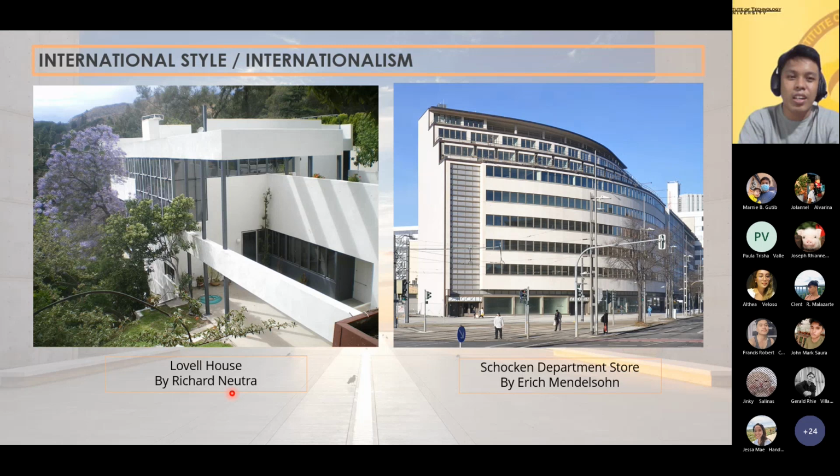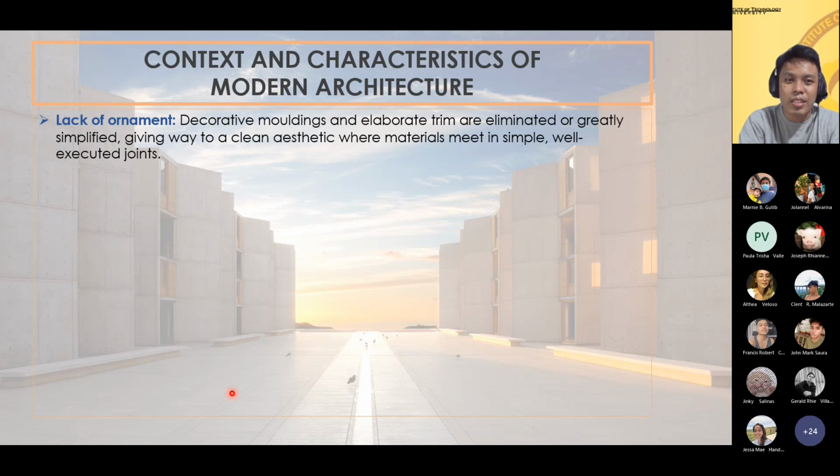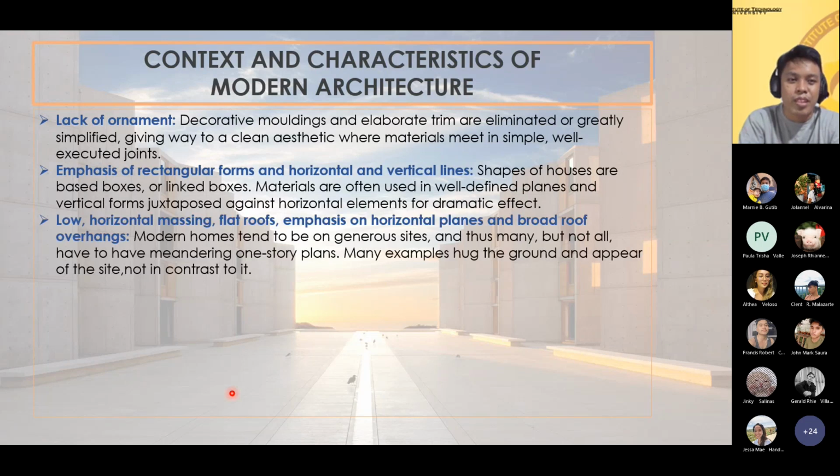So just to summarize it all, the context of modern architecture and its characteristics is lack of ornament. Although there are some ornamentations, it's not the same with the previous styles that were really well ornamented, especially Gothic architecture. Emphasis of rectangular forms and horizontal and vertical lines. Low horizontal massing, flat roofs, emphasis on horizontal planes and broad roof overhangs.